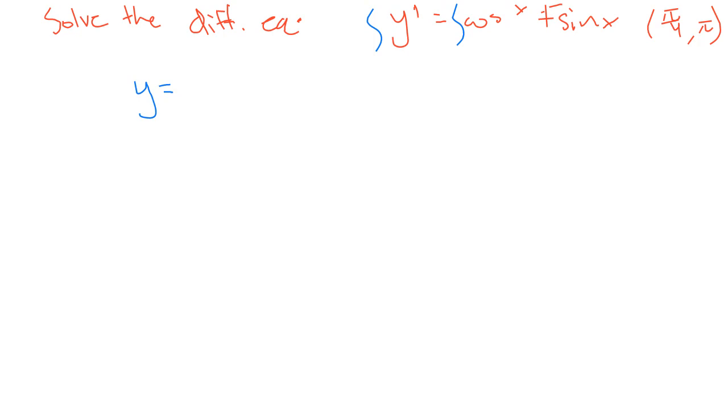What function do we differentiate to get cosine? That is going to be sine, because the derivative of sine is cosine. And then, once again thinking backward, the antiderivative of sine is going to be minus cosine.